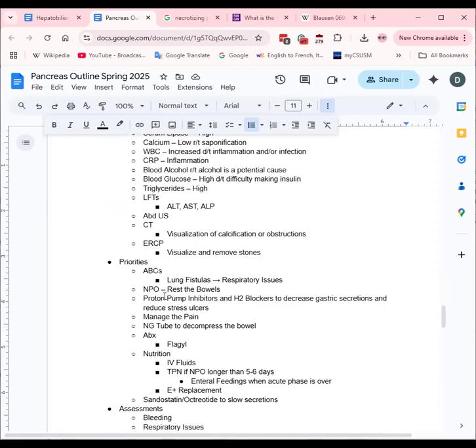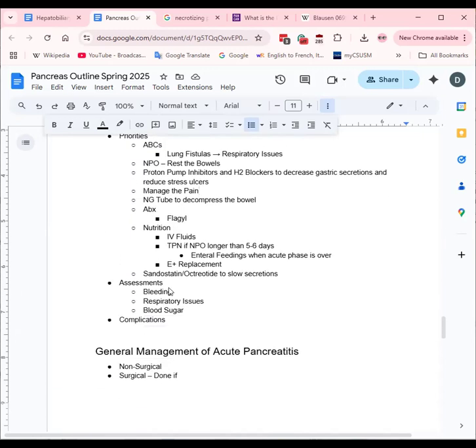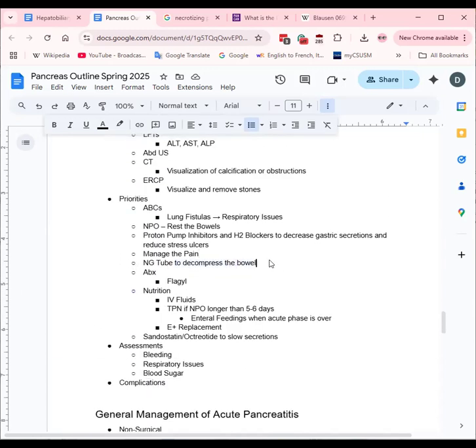You're going to use a proton pump inhibitor or H2 blocker, so Protonix, famotidine, not for GERD, but to reduce the risk of stress ulcers due to the gastric secretions. You're going to manage the pain. In general, with GI stuff, having an NG tube to decompress the bowel, so having it to low intermittent suction is good.